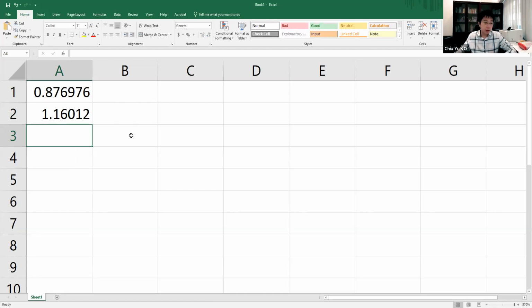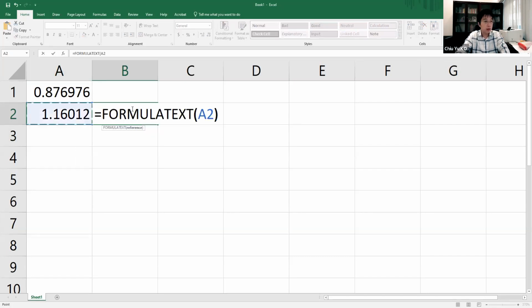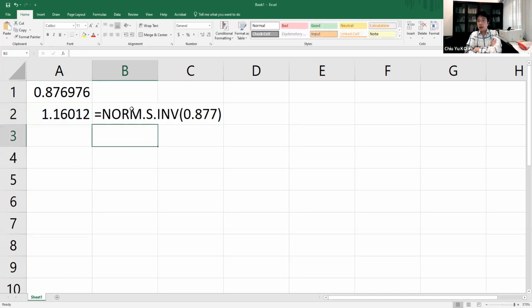Can you see that? So that is the reverse of that. Is that okay? Can anyone hear that? So NORM.S.INV is the thing we needed.